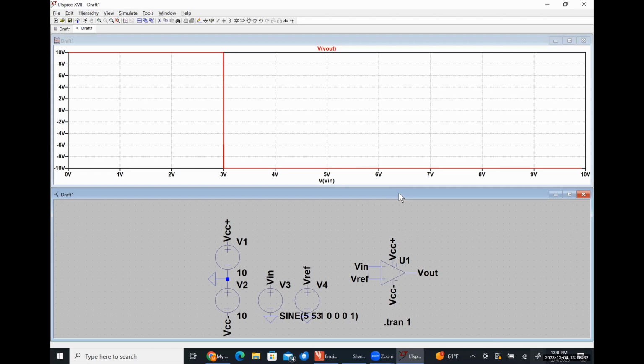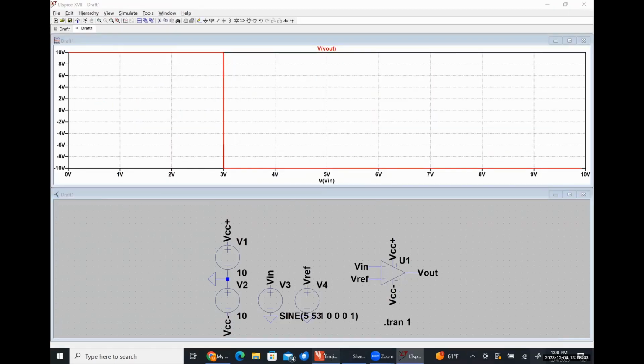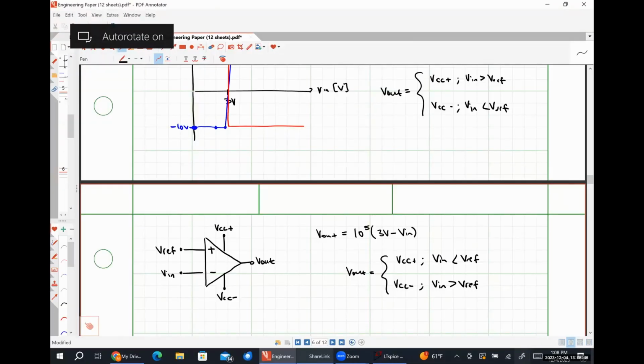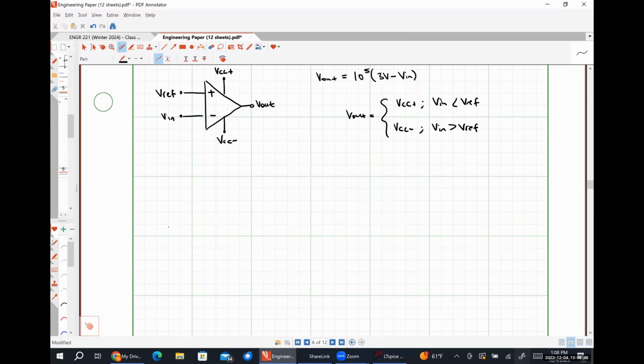So what I want us to do now is design something. I'm going to give you guys the design prompt. So what we're going to design here is a very simplistic analog to digital converter.